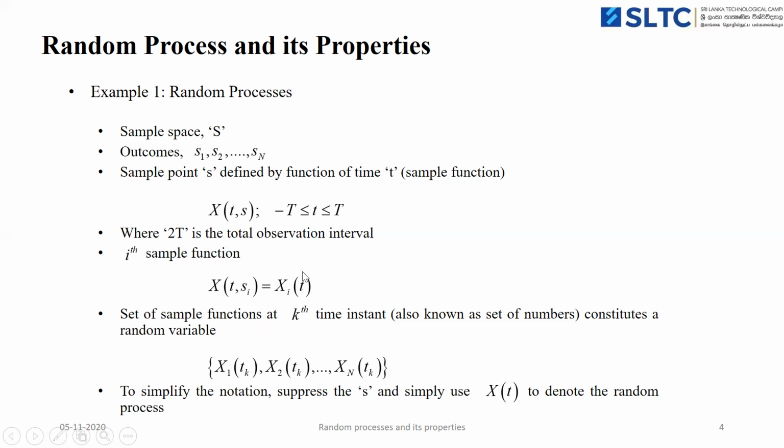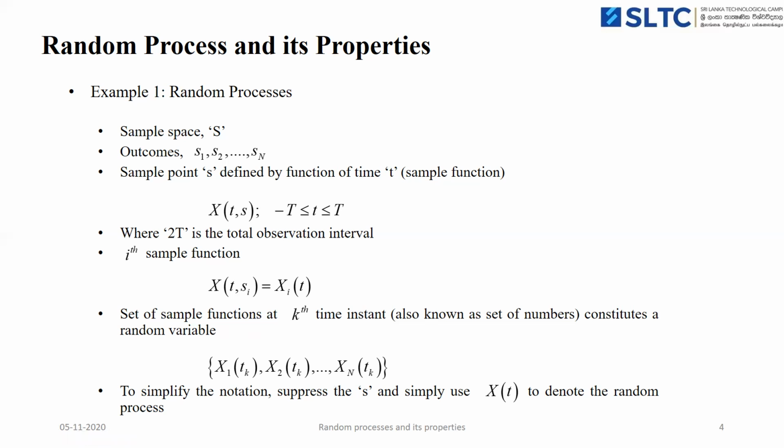The difference you can see from this notation is that here we are not specifying any time. That's why we say it is a random process. But at a particular time tk, the random process becomes a random variable. This is the random variable, this is the random process. That is the main difference.